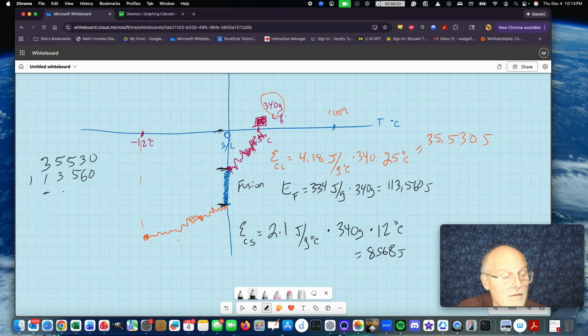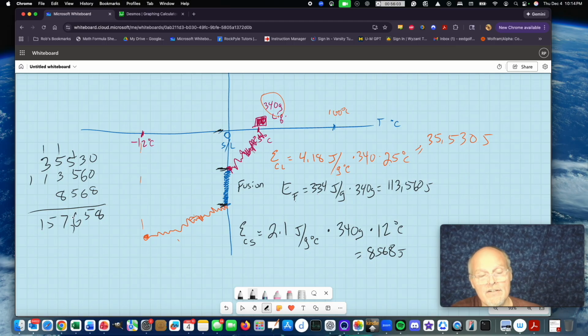that whole excursion from 25 degrees to minus 12 will be 157,658 joules.